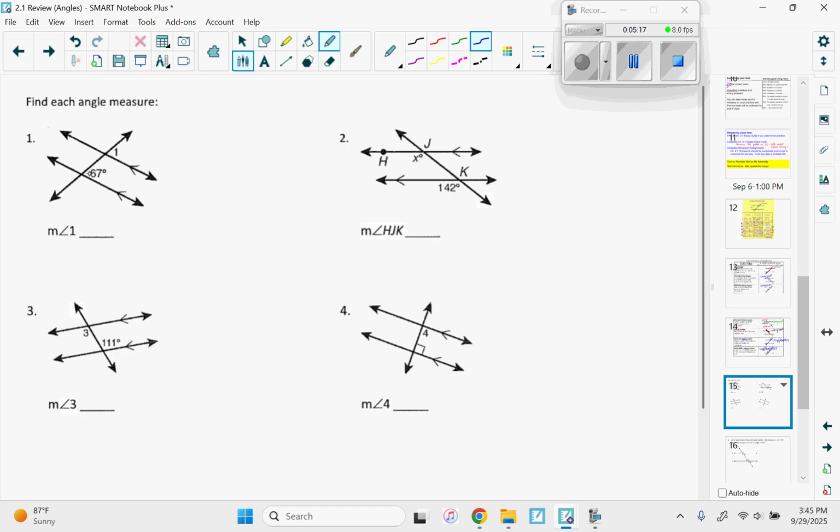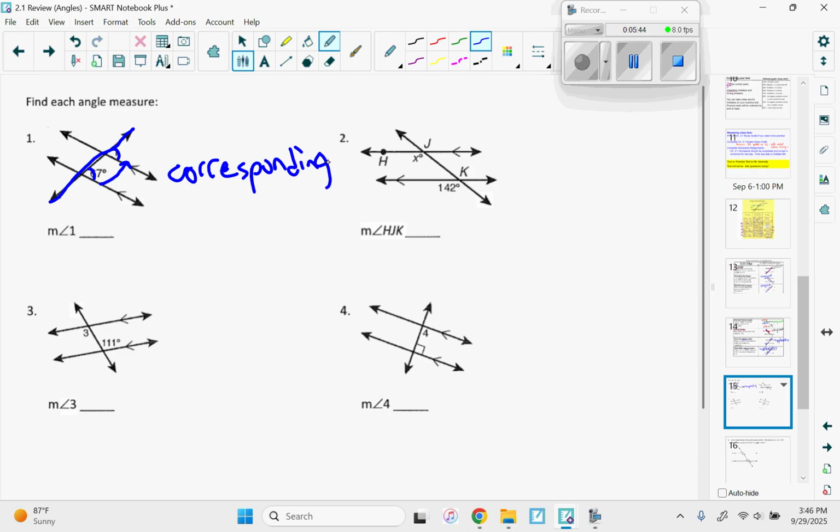So what angle type is 67 and angle 1 here? I notice they are on a transversal, and if I can slide 67 up, it matches angle 1. So this is an example of corresponding angles.